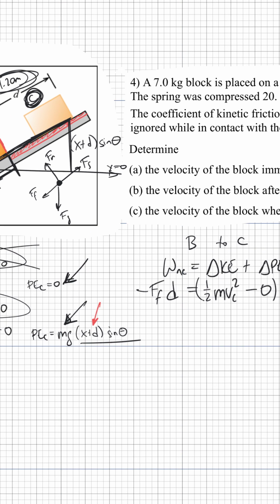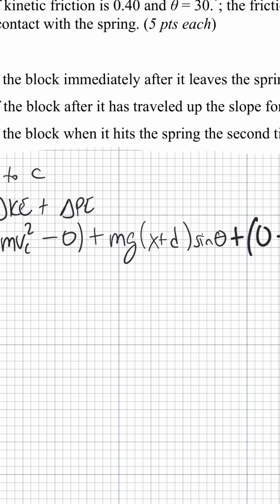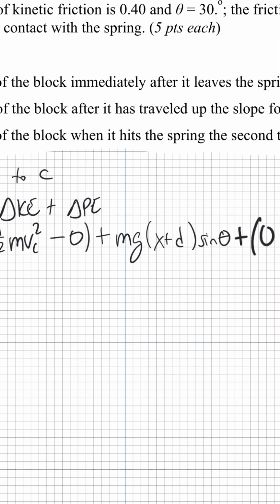So we note that in its initial position, it's got a potential energy due to the spring, and in its final position, it does not. So plus 0 is its final potential energy due to the spring, minus the initial potential, which is 1/2 k times x squared, because that's how much it's been squeezed. Okay, and that is a pretty ugly equation, right? But we can deal with it.